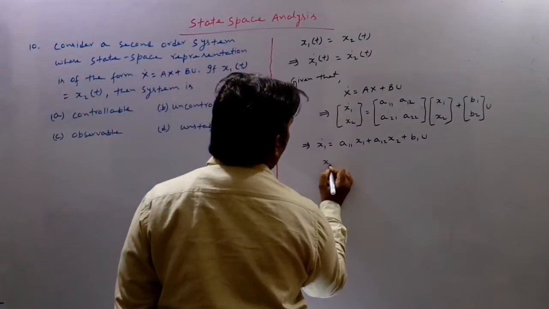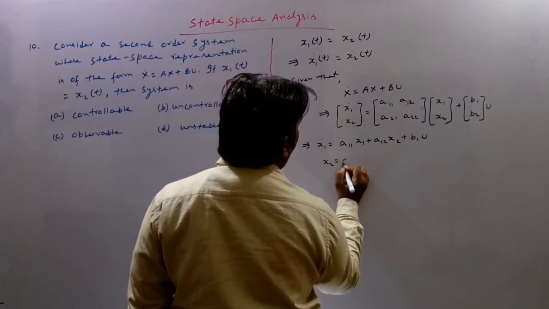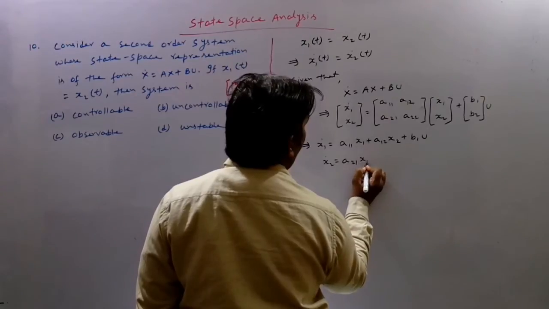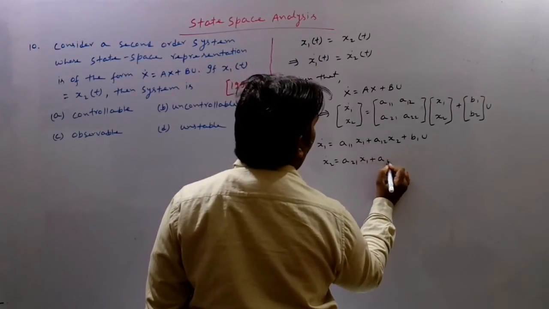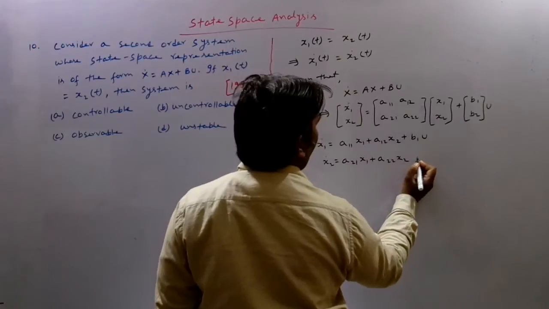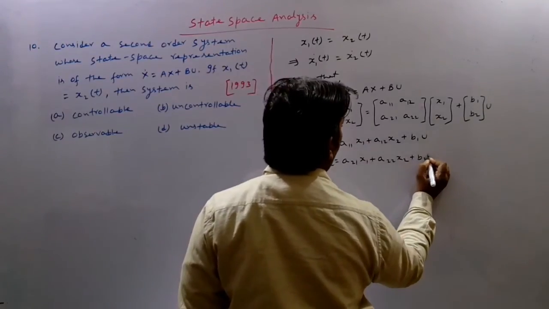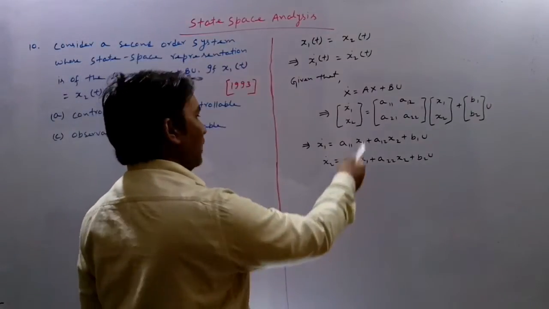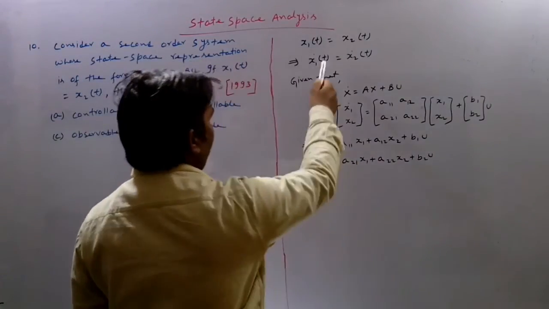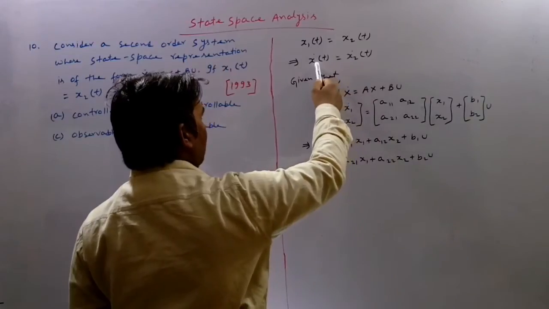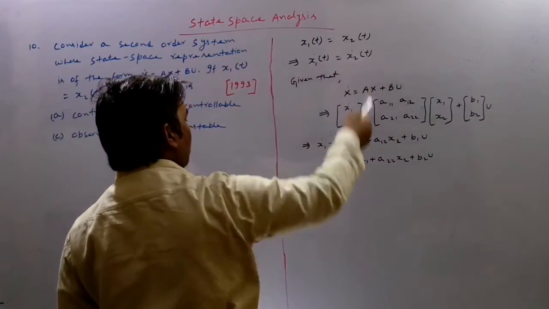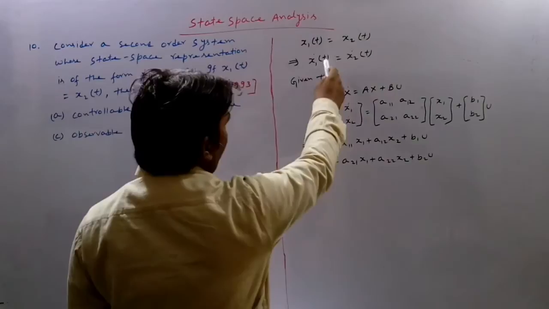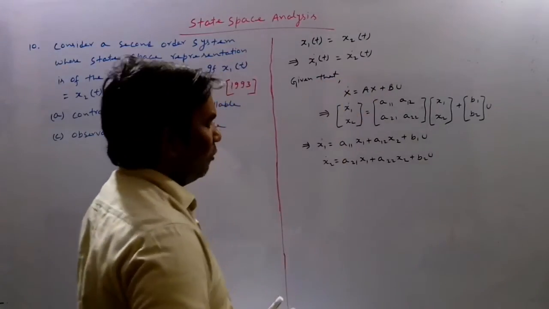Again x2 dot equal to a21 x1 plus a22 x2 plus b2 u. Now these two are equal, because x1 dot(t) is equal to x2 dot(t).